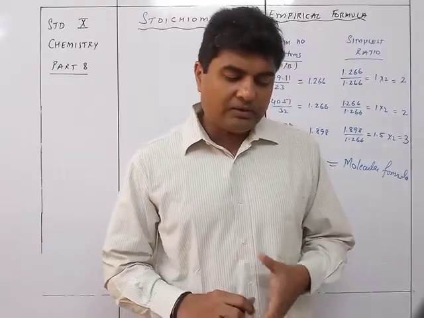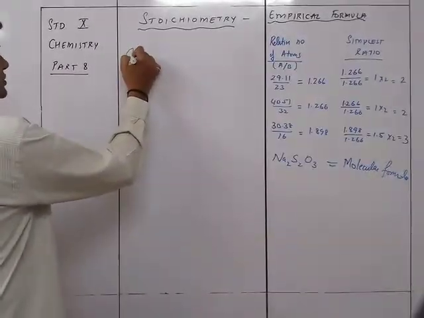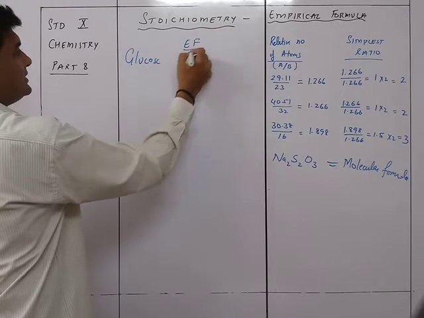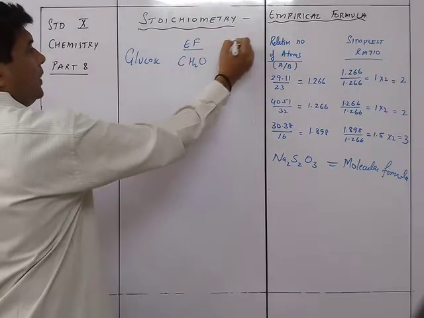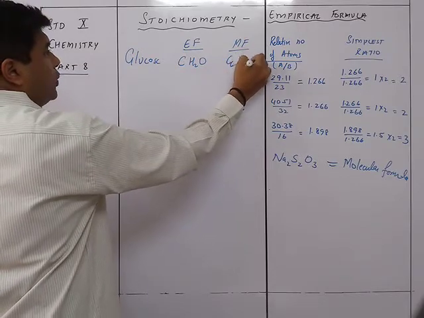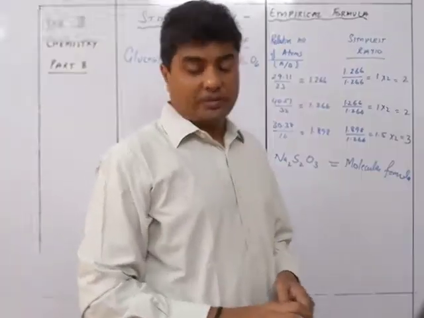Like for example, we are talking about glucose. The empirical formula is CH2O, whereas the molecular formula is actually C6H12O6. Now how do I determine that it should be C6H12O6 or something else?